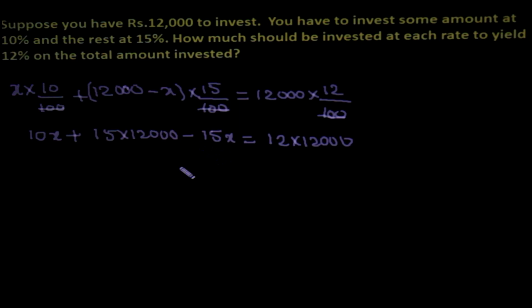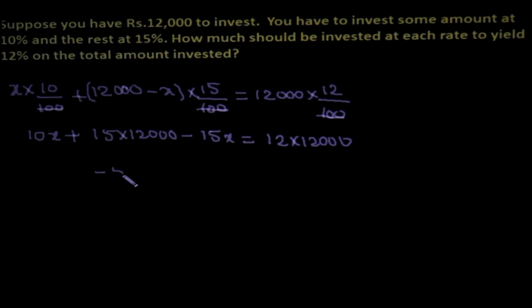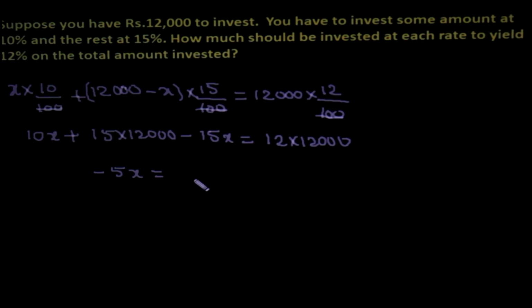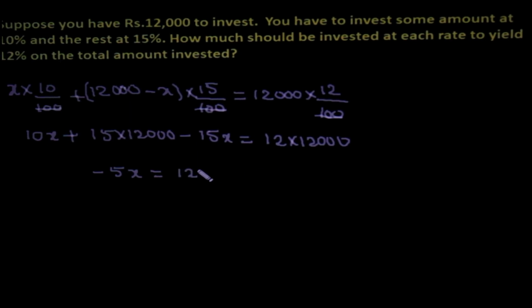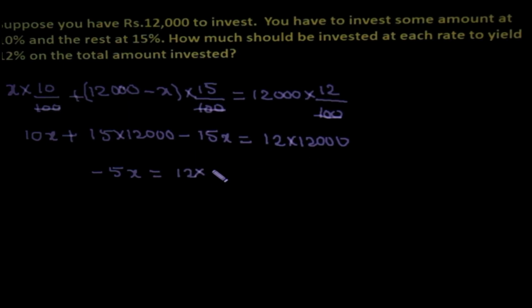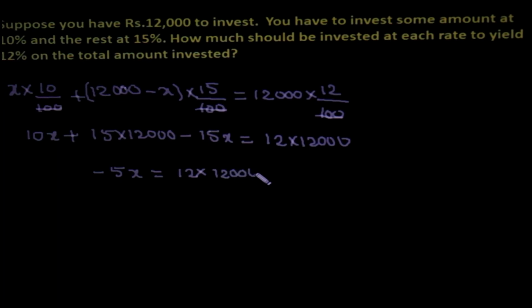10x minus 15x is minus 5x is equal to 12 into 12,000 minus 15 into 12,000.